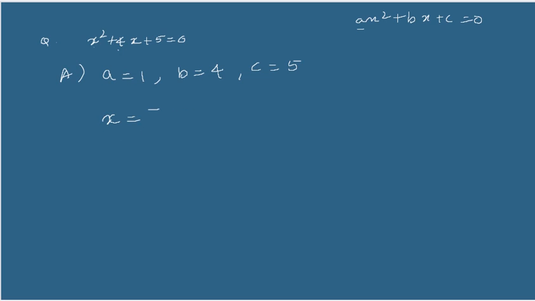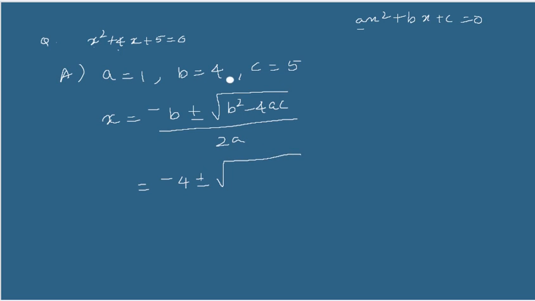Let's write the formula. x is equal to minus b plus or minus root of b square minus 4ac, the whole divided by 2a, is equal to minus, what is b? It is 4, plus or minus root of b square, direct application. b square means 4 square, minus 4 into a is 1 and c is 5.